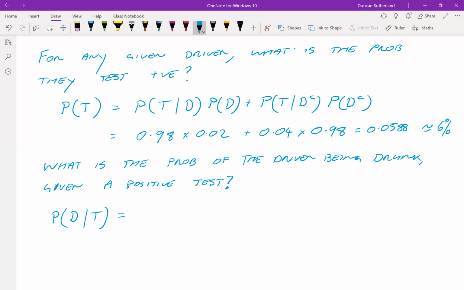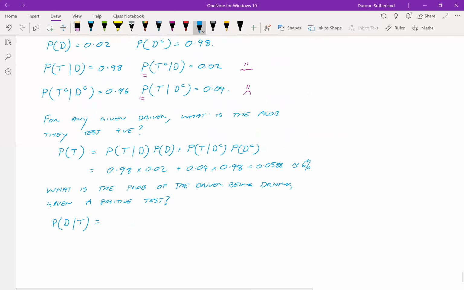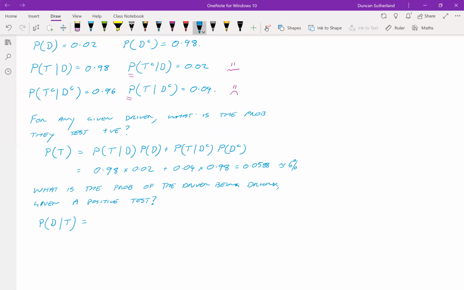Right, so obviously that's a reversal of what we've been talking about, right? So we've got things like positive test given drunk and so on, right? So we've got to use Bayes' rule here. We can either remember how conditional probability works, or we can remember Bayes' rule.